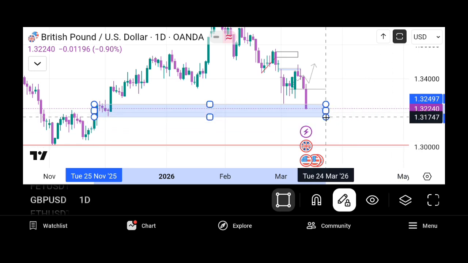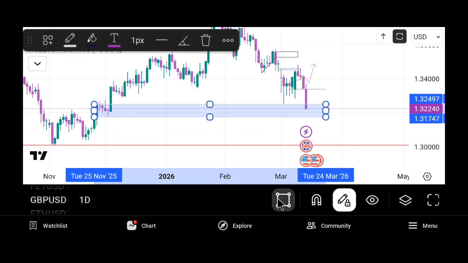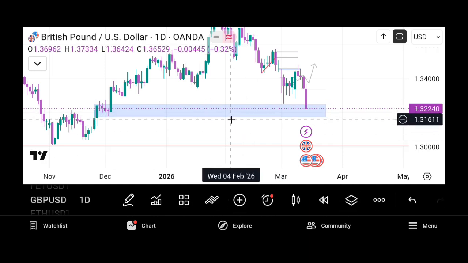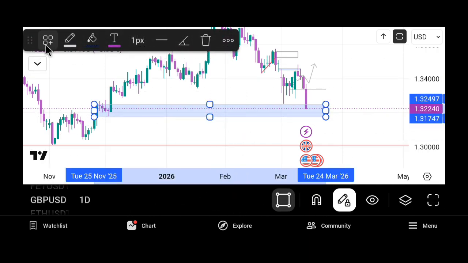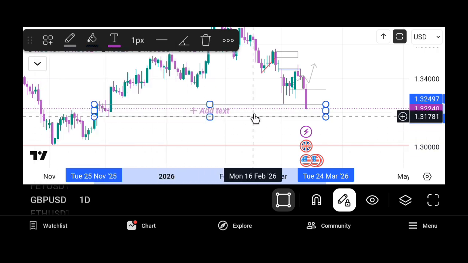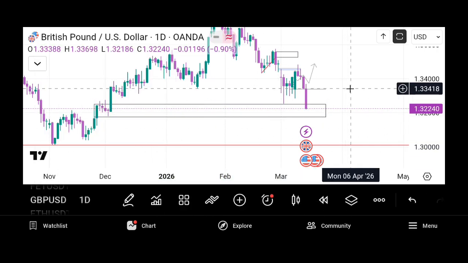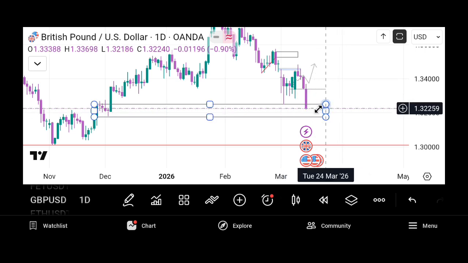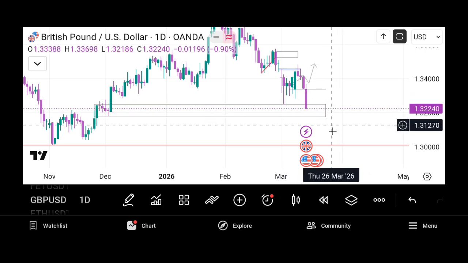You have this reaction right here. So you could get maybe a bit of movement, then buy up before selling.